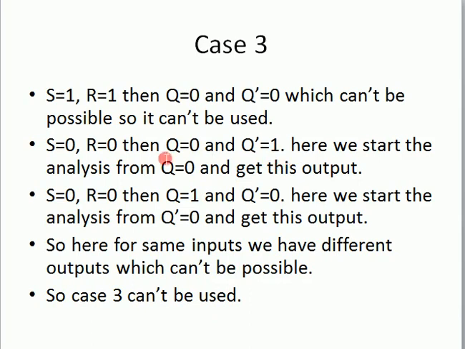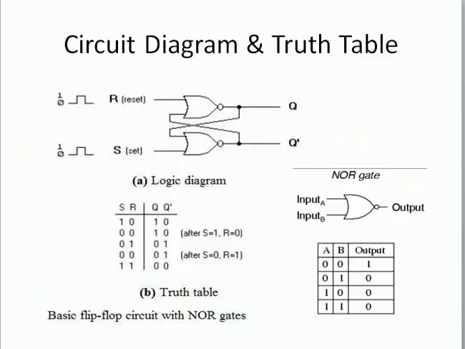So here we started the analysis from Q is equal to 0, but if we start from Q complement, that Q complement is equal to 0, so here is 0 and here is again 0, so Q is equal to 1.